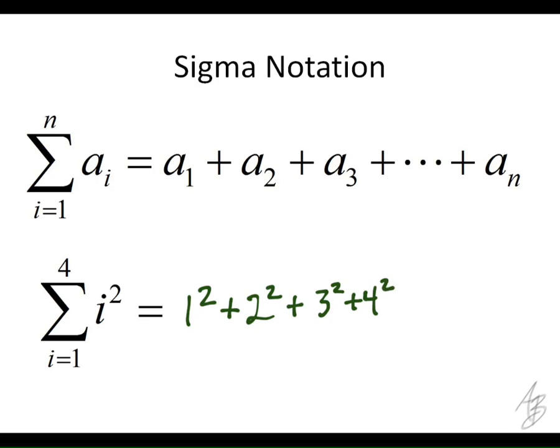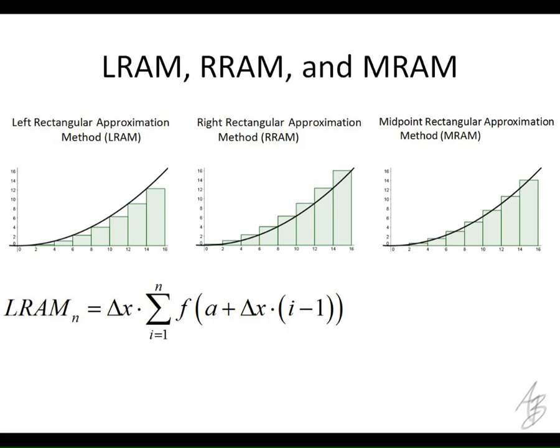Yeah, when we get to the top number, which is 4, we stop. We actually did this already. We did 1 plus 4 plus 9 plus 16, and we got what? Yeah, that ended up being our RRAM for the last example, right? So you guys remember what the sigma means? Now, we'll get into the sigma in more depth tomorrow when we do Riemann sums.